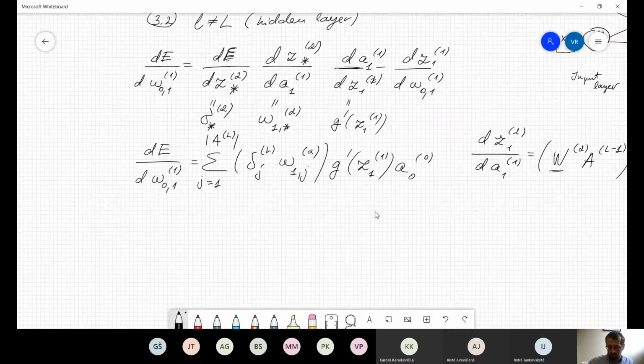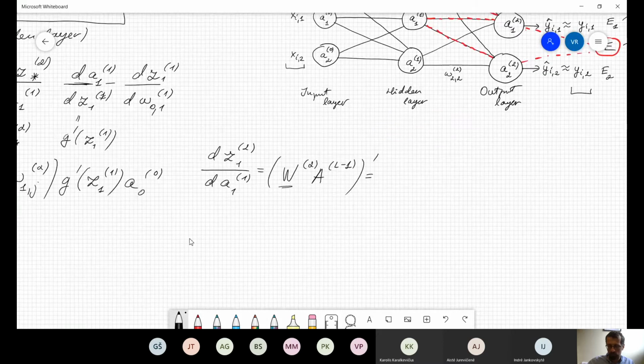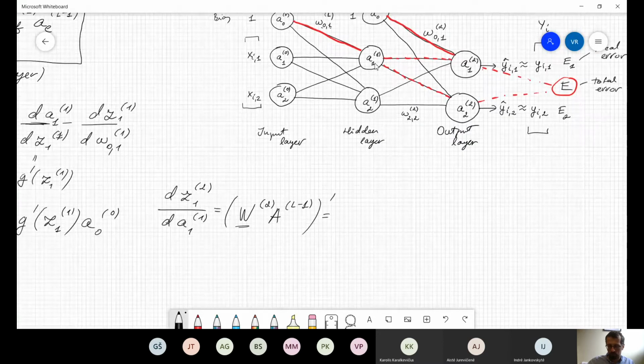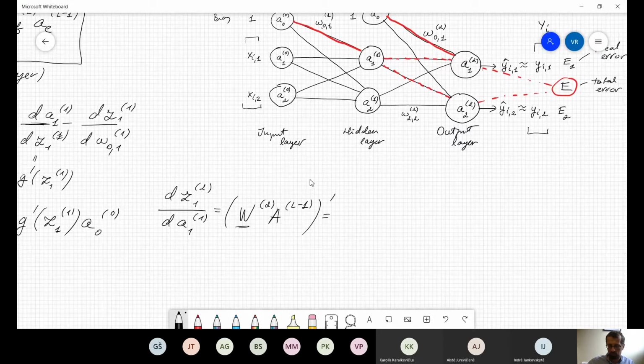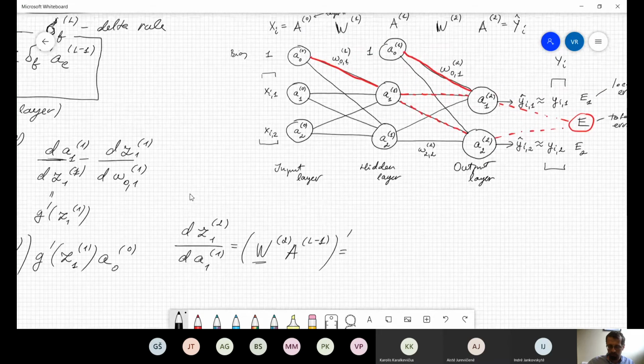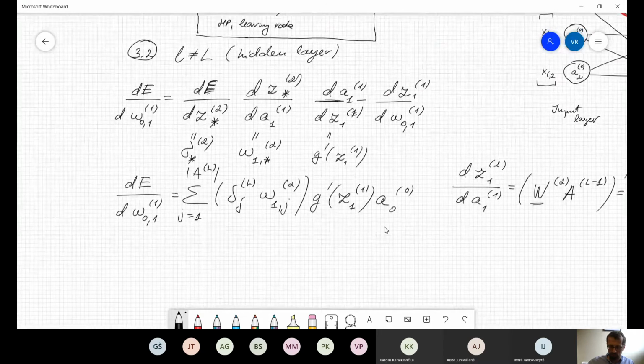So this is the calculation of the propagation of the gradient through a couple of layers, where we have gone through and reached the required weight, and we have the gradient of it.